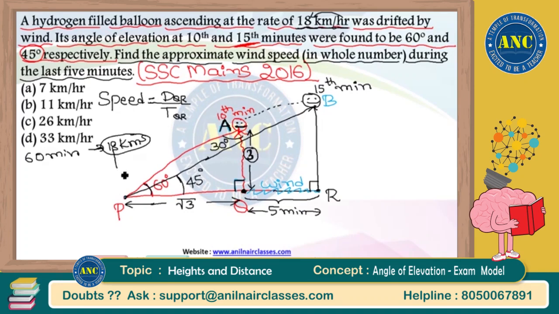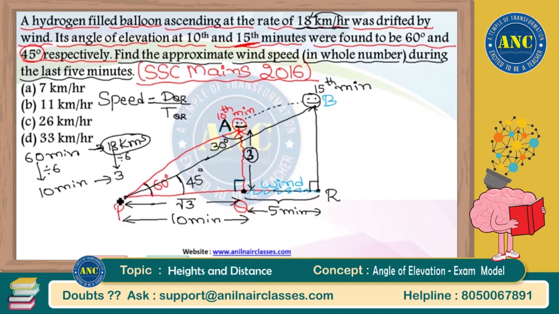That means 18 should become 3, divided by 6. 60 also divided by 6. 60 divided by 6 is 10 minutes. That means the time taken from Q to A is nothing but 10 minutes, and Q to R is nothing but 5 minutes.